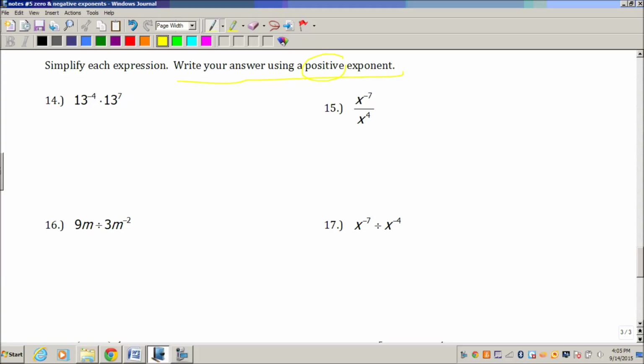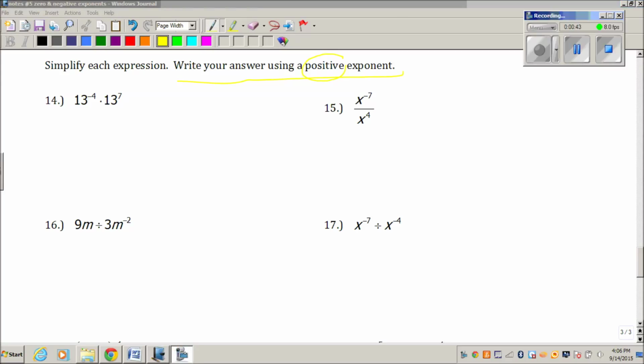First, simplify the expression using the rules you already know. When you multiply like bases, you add the exponents. Then if you end up with a negative exponent, take the reciprocal of the base so you can rewrite it as a positive one. So please go ahead right now and press pause. Try questions 14 through 21, and then you can restart the video to check your answers.